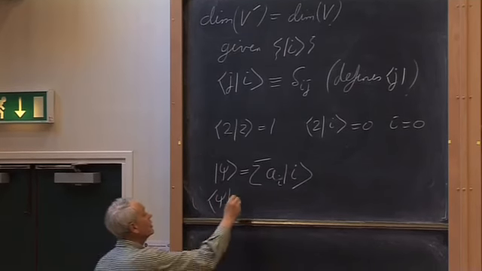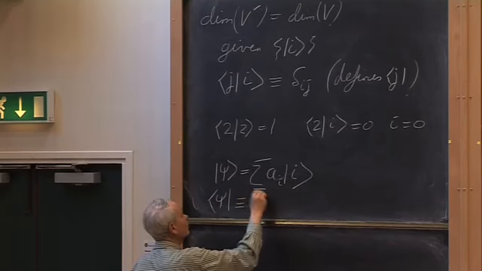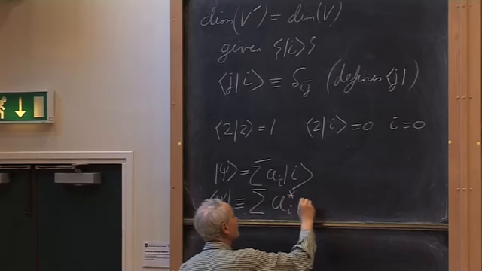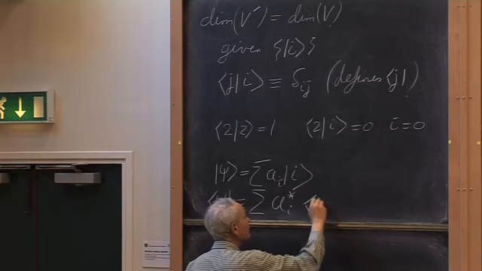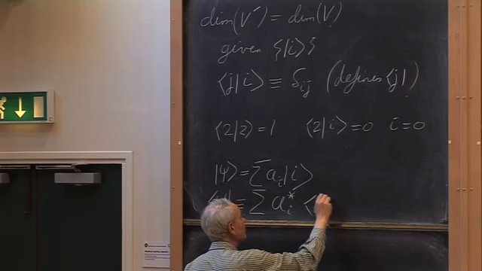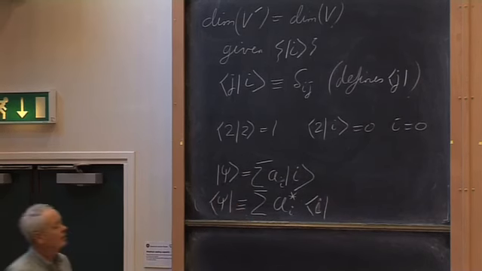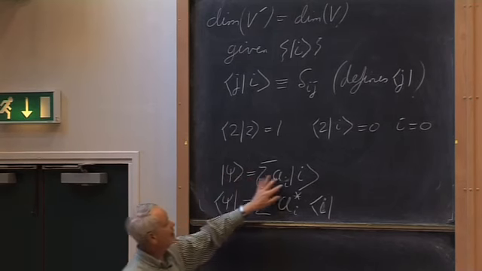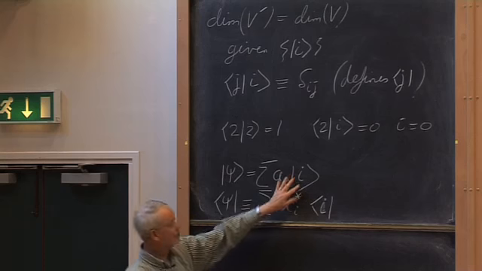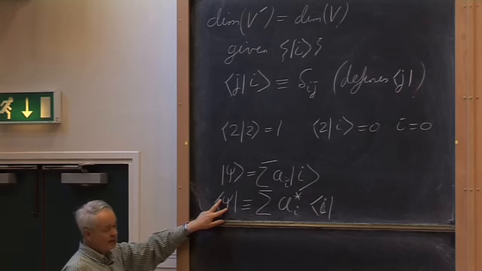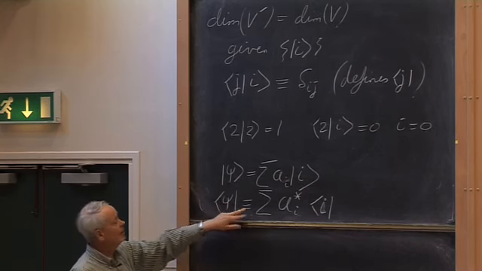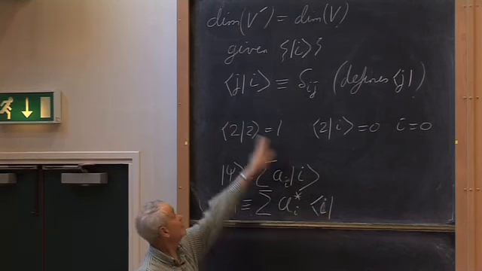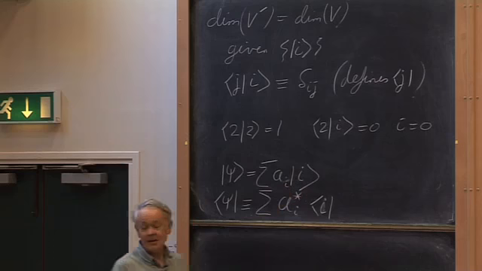And the function in question is defined by this rule, that it's the sum of a_i complex conjugate times the bra <i|. So given that the state of my system is a certain linear combination of the basis states, the function associated with that state is a certain linear combination of the functions associated with the basis states.